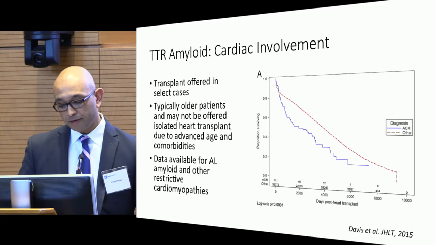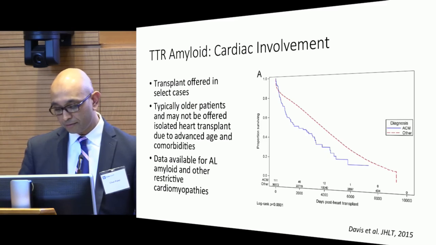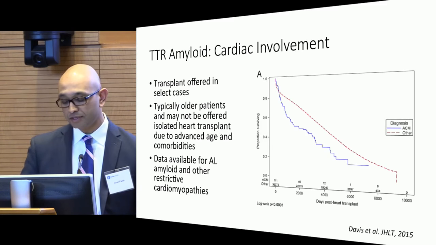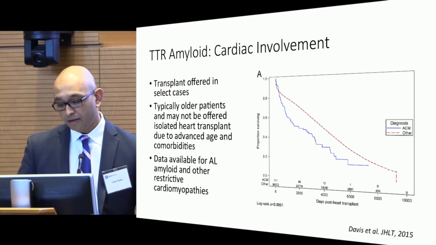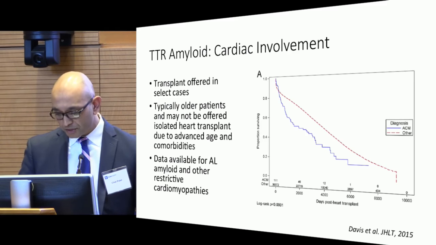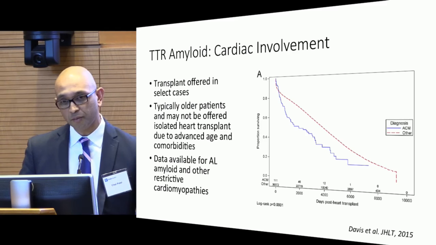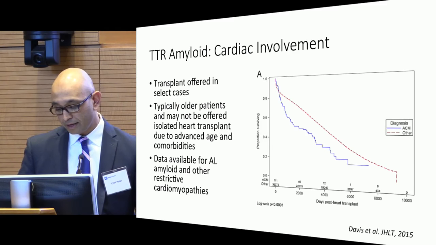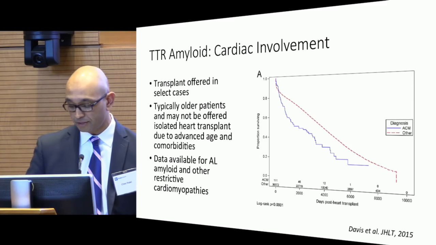There's far more data available for AL amyloid and other restrictive cardiomyopathies, but the best data available in terms of a large number of patients is out of the heart transplant registry database, and suggests that patients with amyloid cardiomyopathy, here in the blue, did have worse survival after transplant than other diagnoses.